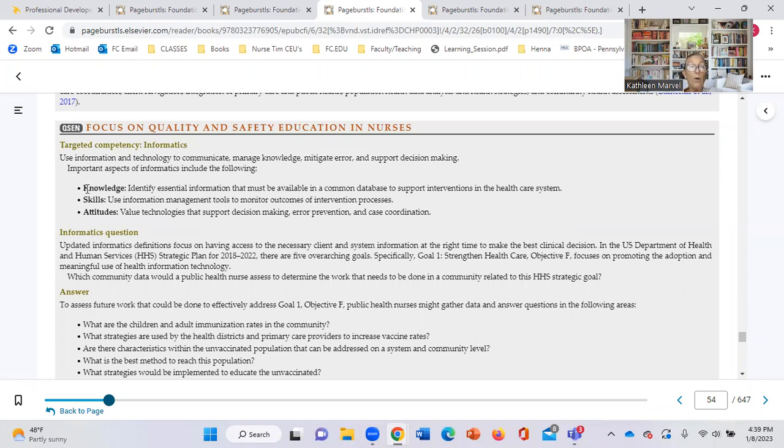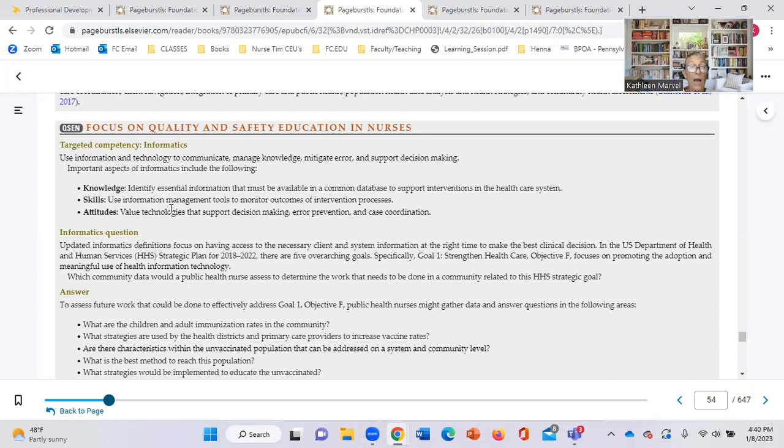Each of them goes through the 3 important aspects of whatever competency it is. This one is informatics, so knowledge, skills, attitudes. Knowledge with regard to informatics: identify essential information that must be available in a database to support interventions in a healthcare system. Skills to acquire for this competency: use information management tools to monitor outcomes and intervention processes. Remember, we're talking about informatics.